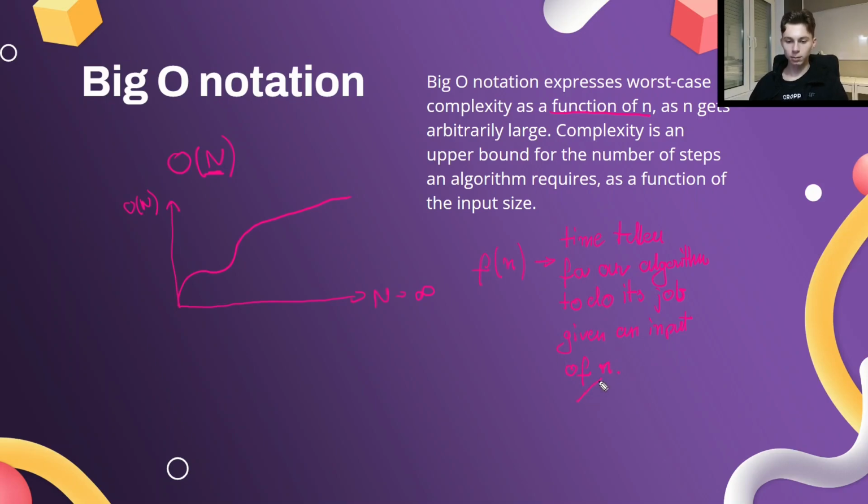So for example, n can be the size of an array that is given to us. For example, this can be our array and it has 1, 3, 4, 2, 7, and it has length n equal to 5, and our function f of n would be equal to f of 5, because n is equal to 5 in this case right here.